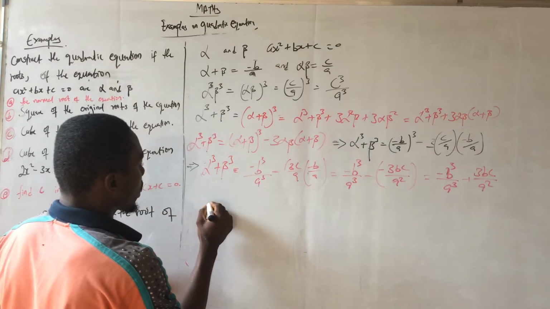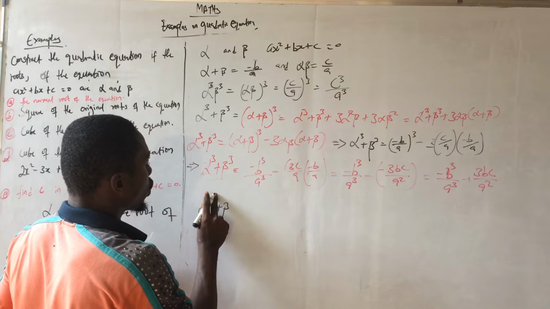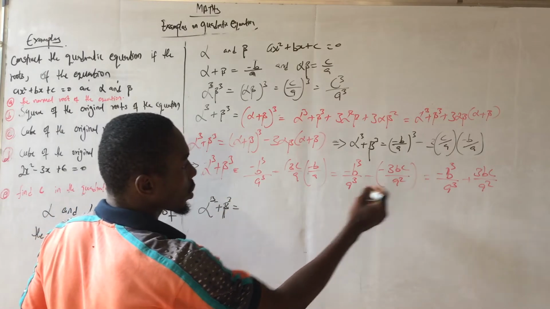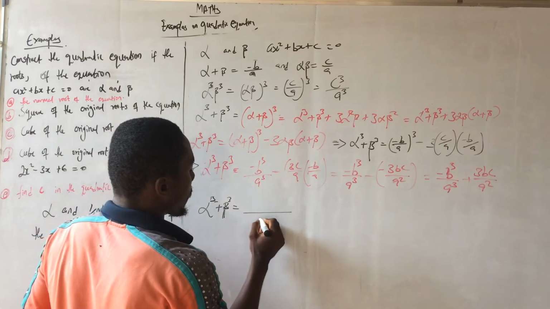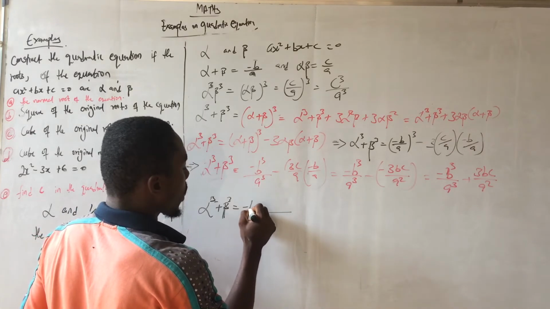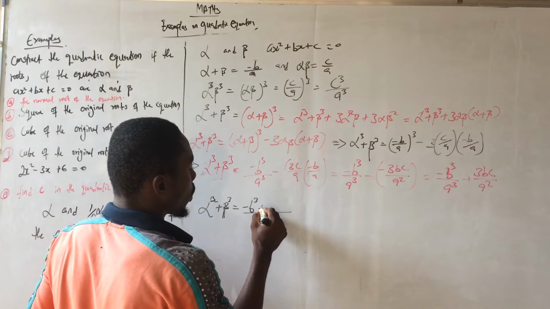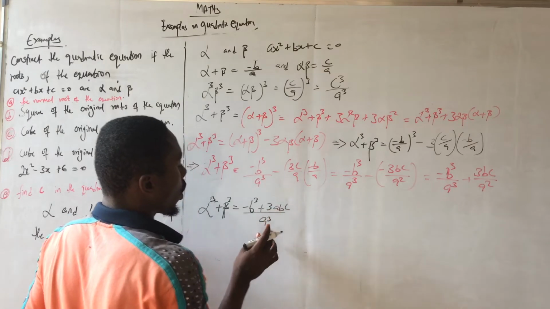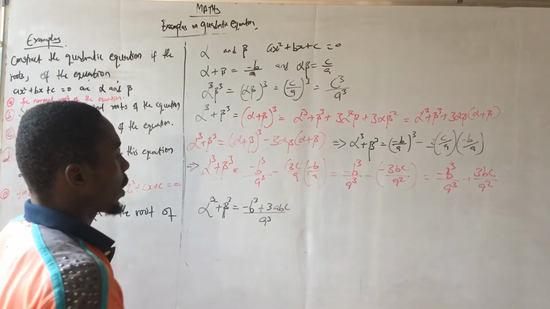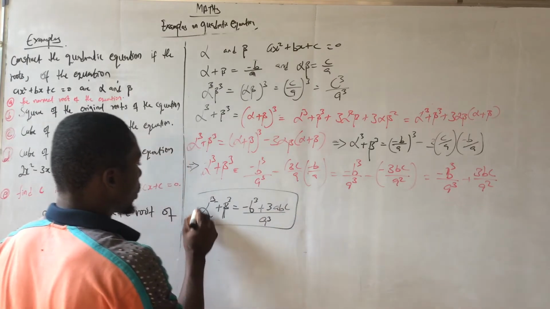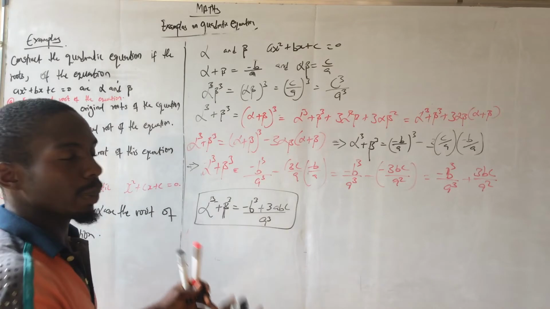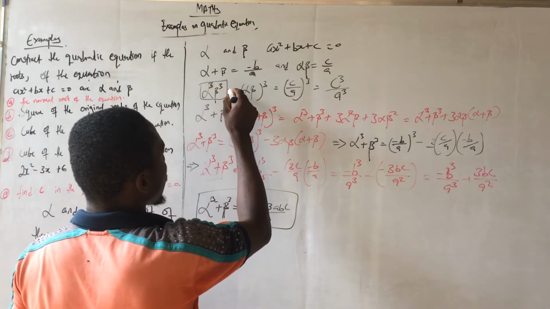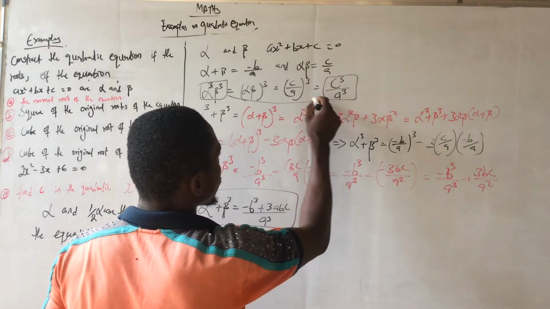What I'm going to have is that alpha cube plus beta cube is equal to minus b cube plus 3abc all over a cube. So now I have alpha cube plus beta cube equal to this, and alpha cube multiplied by beta cube equal to c cube over a cube.